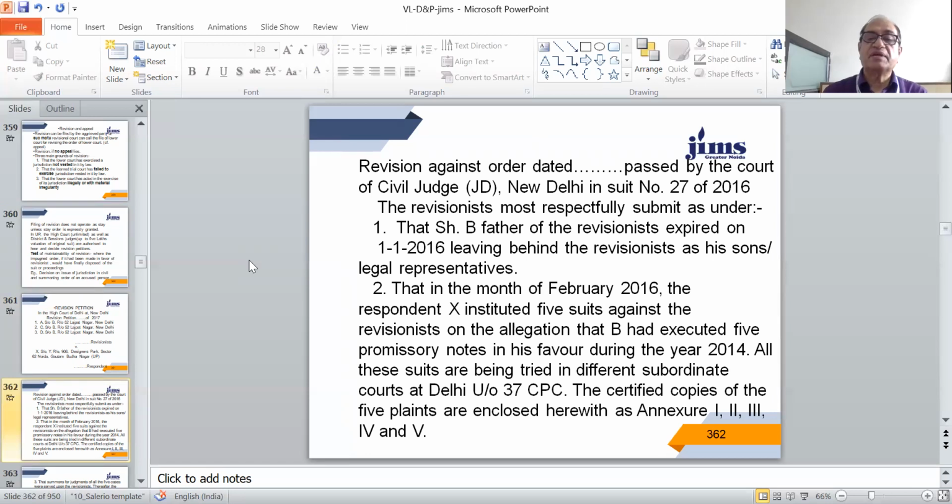All these suits are being tried in different subordinate courts at Delhi under Order 37 of CPC. The certified copies of the 5 plaints are enclosed herewith as Annexure 1, 2, 3, 4 and 5.